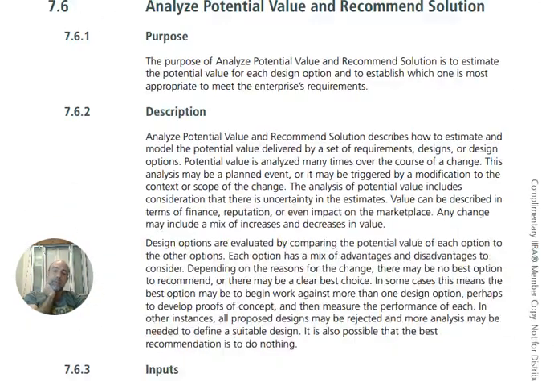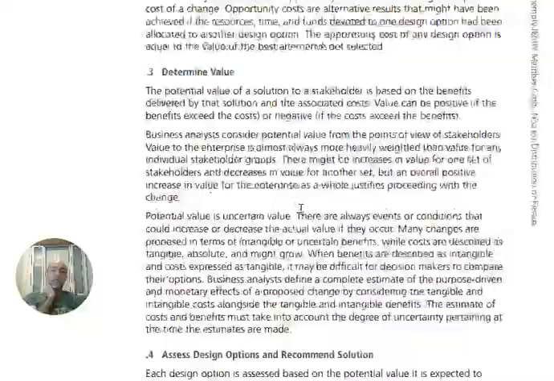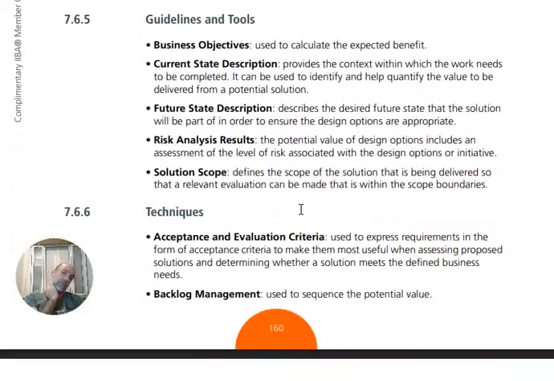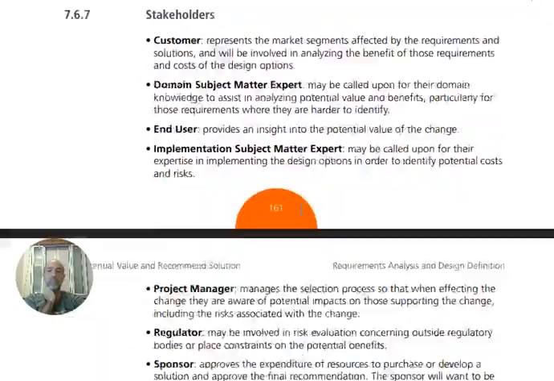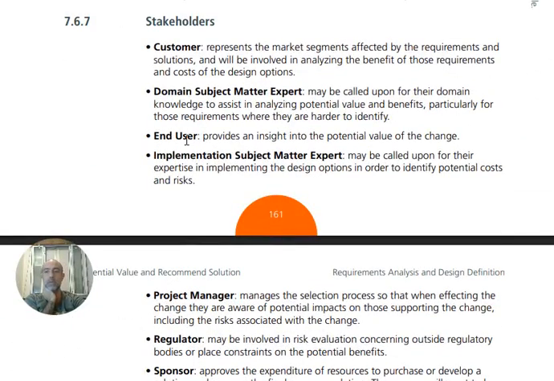I feel like the difference between all stakeholders and most of them is kind of the same. But with this one, analyzing potential value, it's always all the stakeholders. But ultimately, because we're working on the recommended solution, it's the customer and the end user.